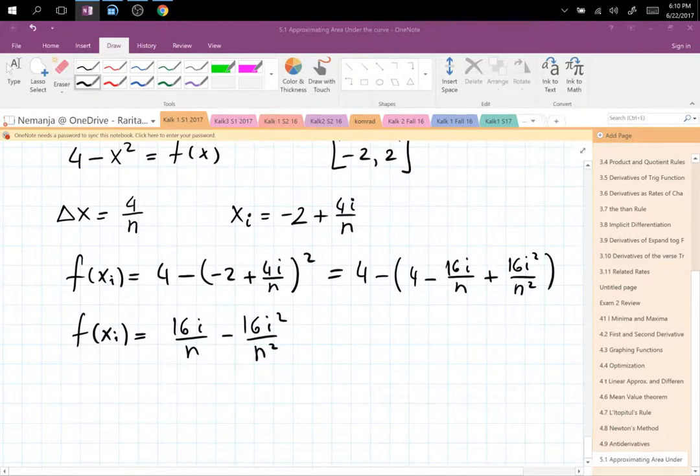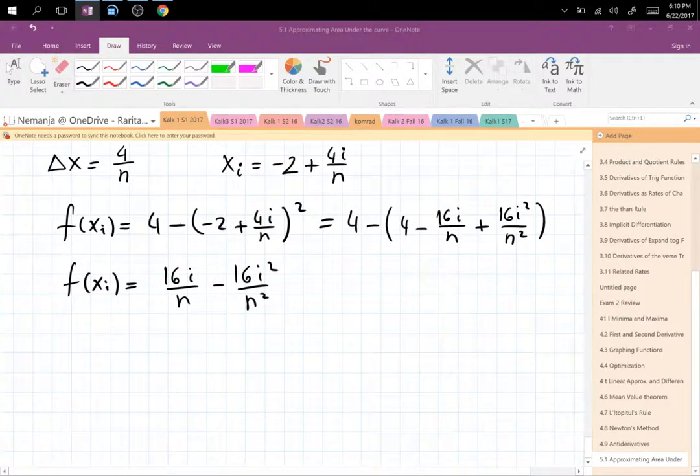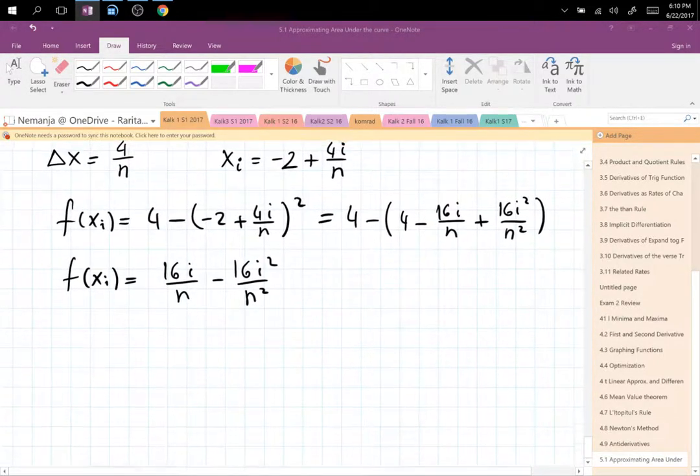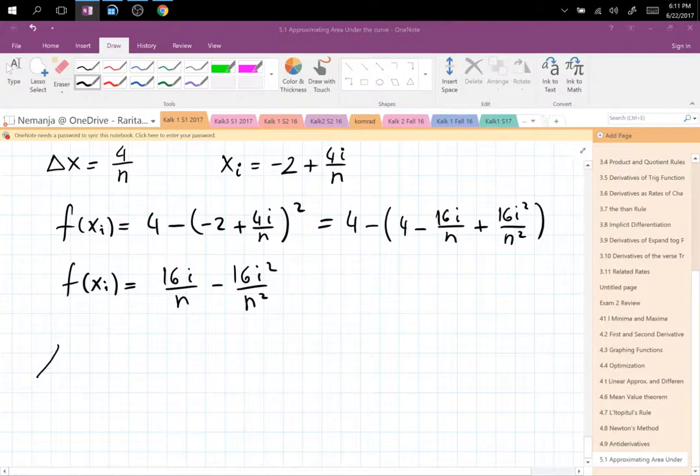Yes. Thank you. So all I need to do now is to plug all of this in a limit and compute. Limit, n goes to infinity, and we have the summation, i goes from 1 to n.